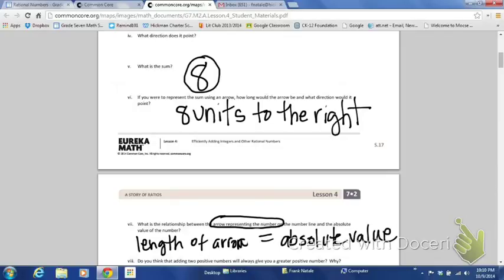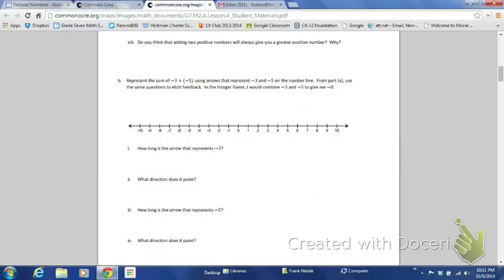In number 8, it says, do you think that adding 2 positive numbers will always give you a greater positive number? And of course, why is the question. We know the answer is yes. We've known that for quite some time in our lives.